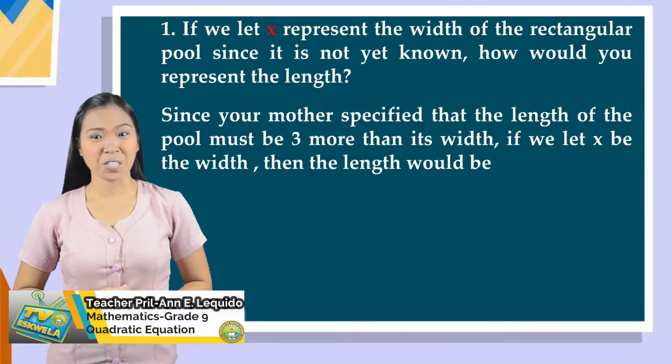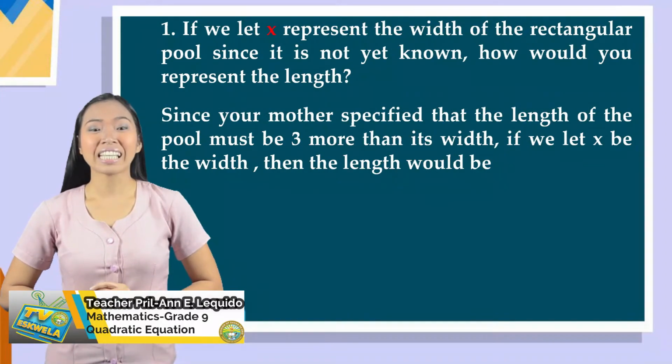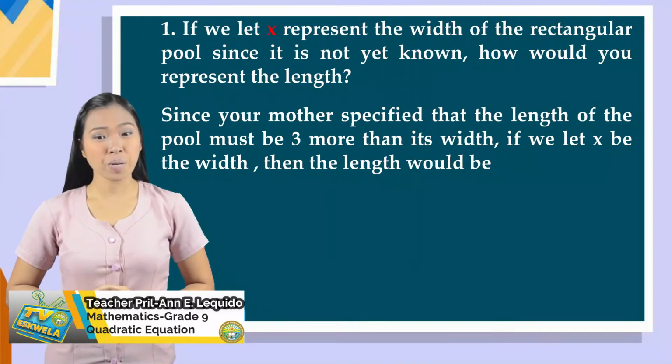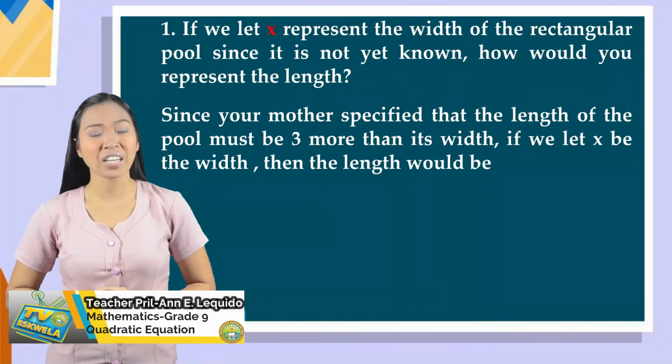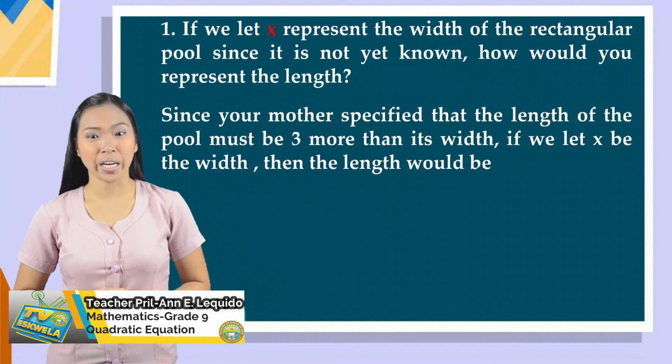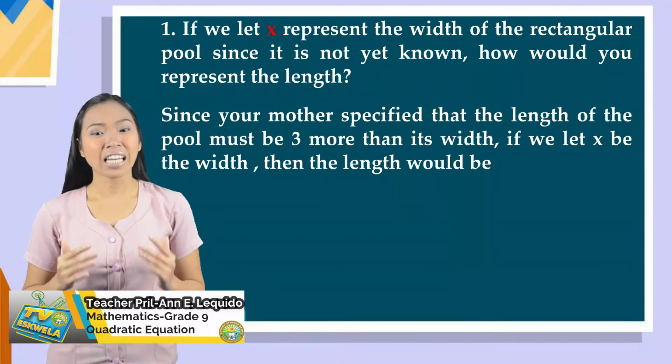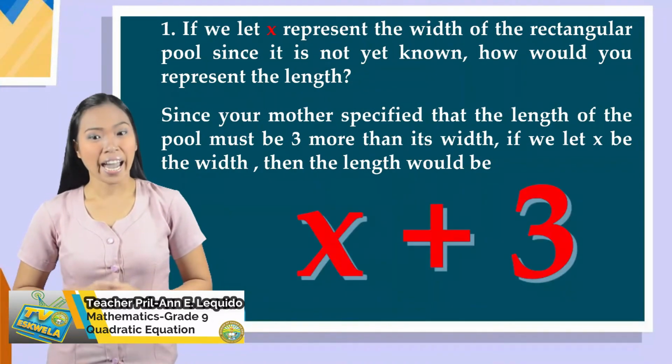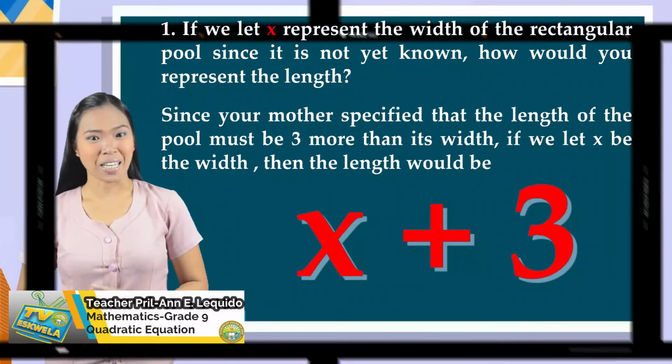Since your mother specified that the length of the pool must be 3 meters more than its width, if we let x be the width, then the length would be x plus 3.